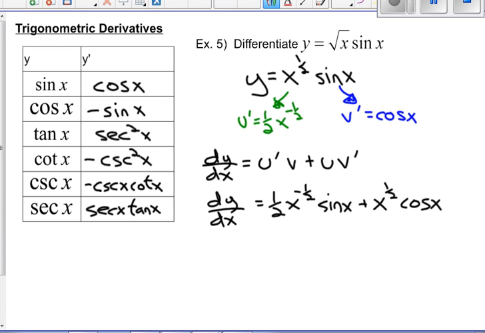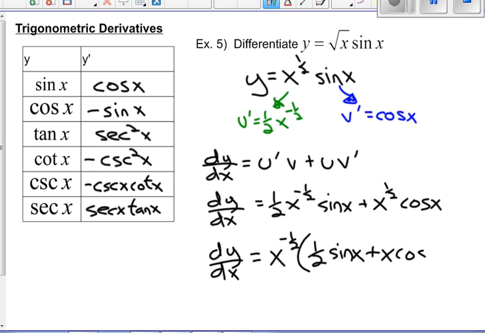Now, if we want to make it look a little nicer, we might take a common factor of x to the negative a half out. And that's going to leave us with a half sine x. If I take x to the negative a half out of x to the half, its power will go up. So I get x cos x. This is fine at this stage. We've got all the information. This looks a little bit prettier.